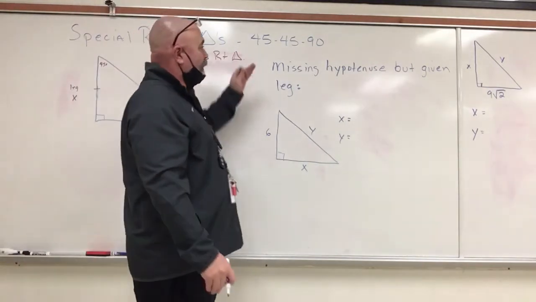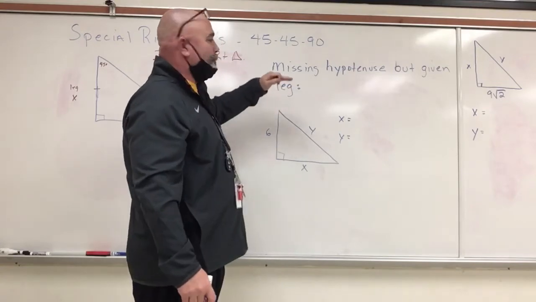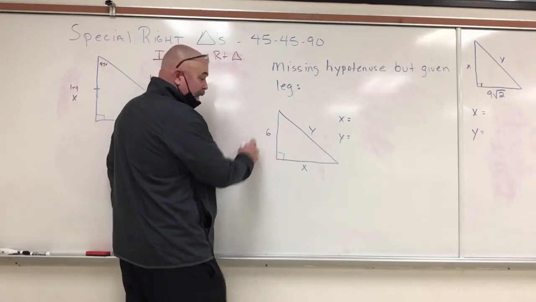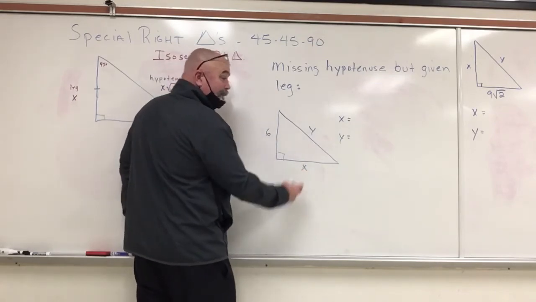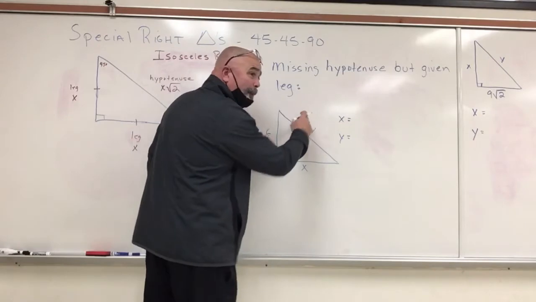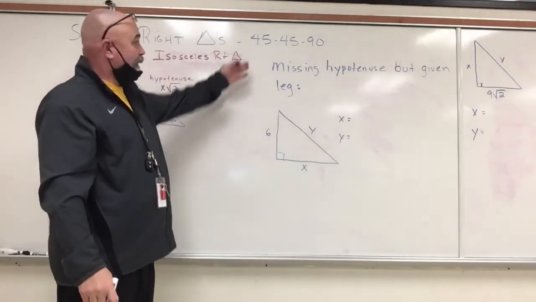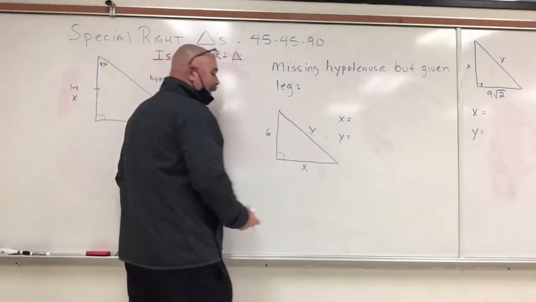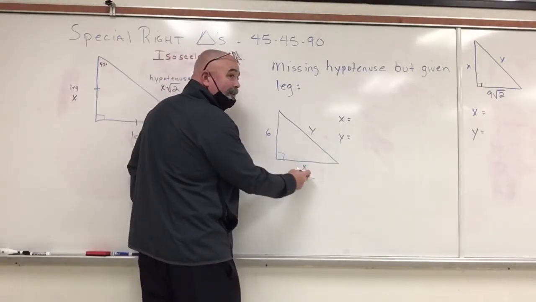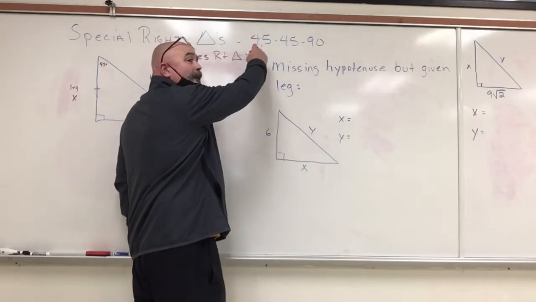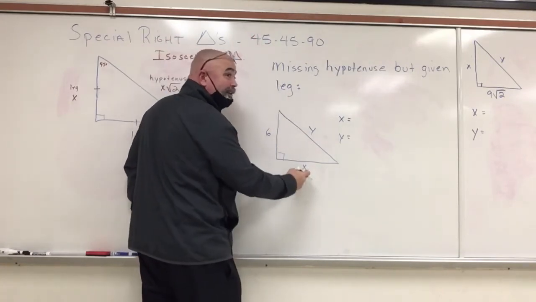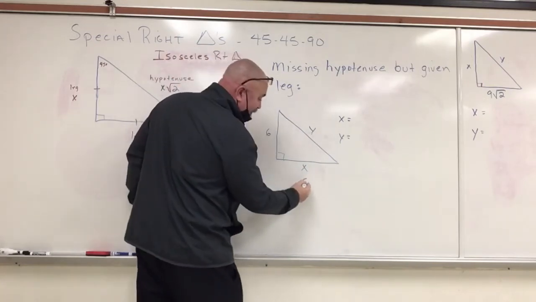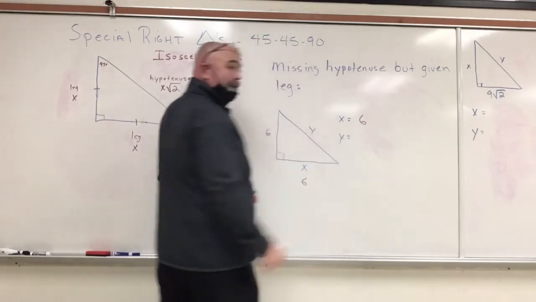First example, if you're missing the hypotenuse but given a leg. In this case, I'm given one leg here, and I'm asked to find what the other leg is and what the hypotenuse is. X is one of my legs, and I know that in a 45, 45, 90 the legs are equal, so X would be 6.